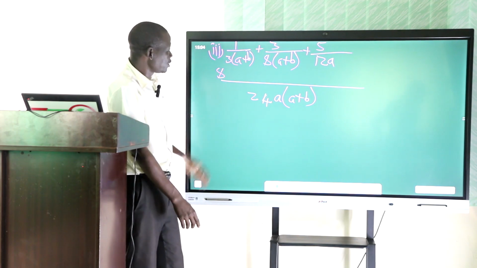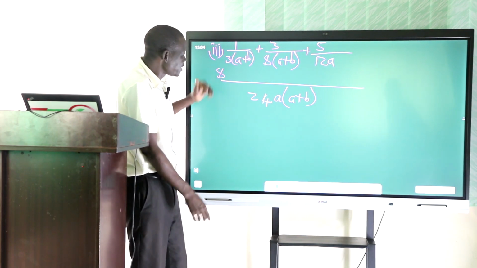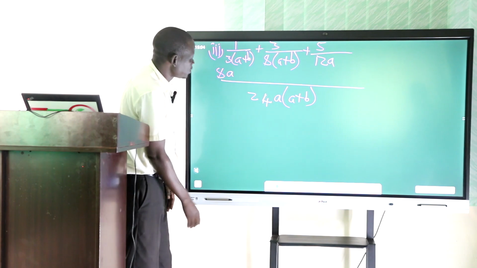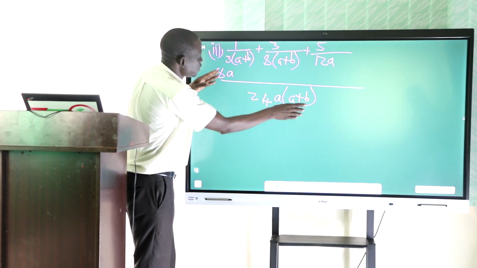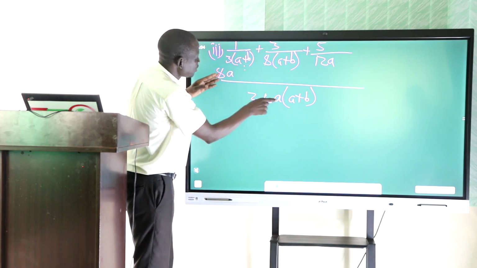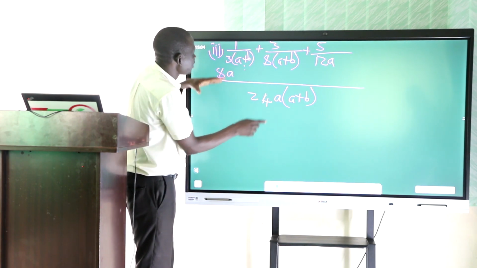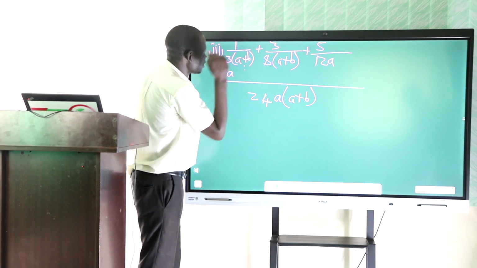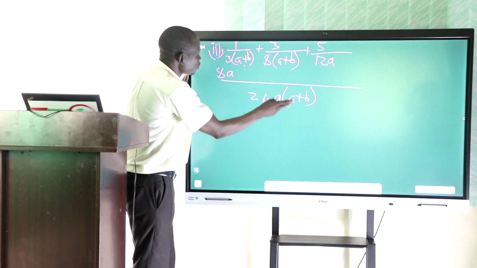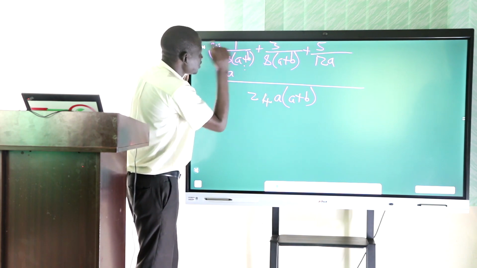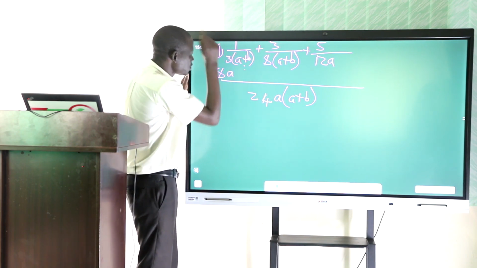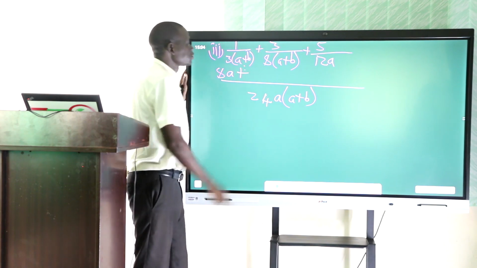So the answer will be 8a only. This one divided by this is 8. This one divided by this is 1. And the a divided by that, we are left with only a. So that a times 1, you get a, plus.